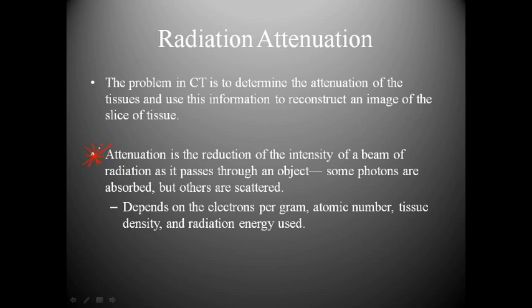Based on this, it's very important that we have accurate readings so that we can demonstrate whether something is or is not in the patient. And we see that it depends on the electrons per gram, atomic number, tissue density, and radiation energy used. So attenuation depends on all of these things. Put a star by it, and keep in mind that all of these things affect attenuation in the patient.